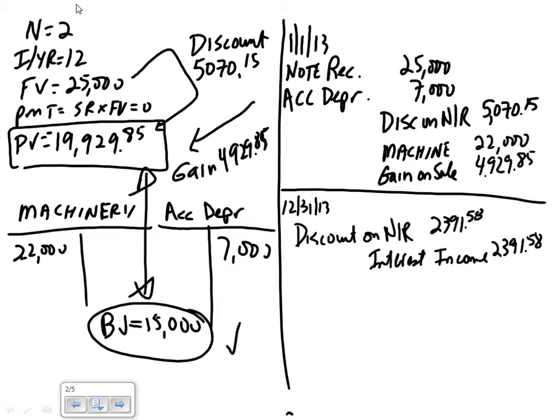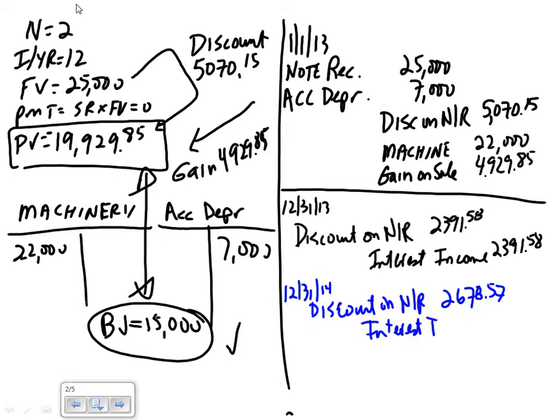And for the second year, for 12/31/14, I have the discount on note receivable, and that's going to be for $2,678.57, and the interest income is $2,678.57, and that's again the new carrying value. Let me just make sure that we recognize where that's coming from.